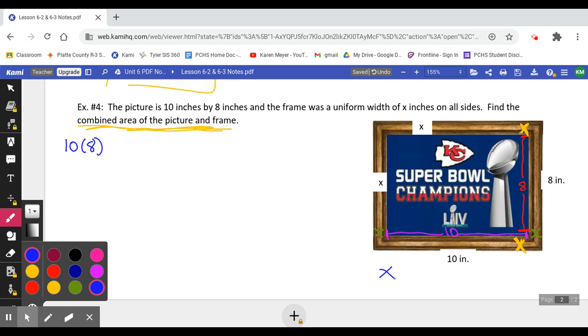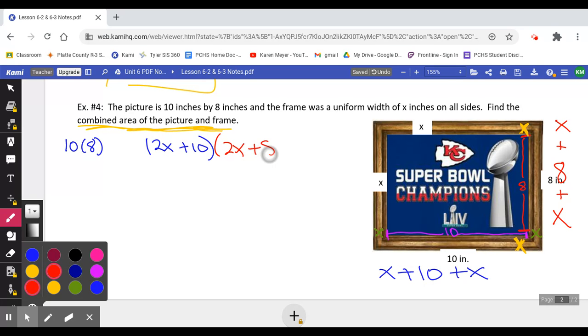So that would be x plus 10 plus x for the entire bottom, which would give me 2x plus 10. And then we could do the same thing on the side. On the side, you have x on the top, plus 8 for the picture, plus an x on the bottom. So add like terms, and that would give me 2x plus 8.